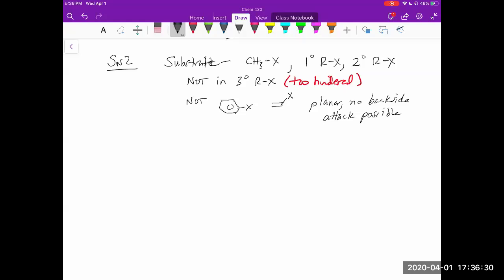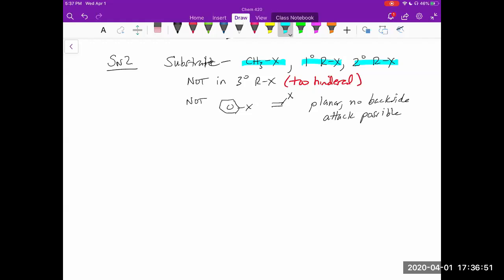So in a nutshell, when you're dealing with SN2: methyl, primary, secondary. Often, like on the problem sheet you had, looking at the substrate can immediately narrow down what kind of mechanism you're looking at.